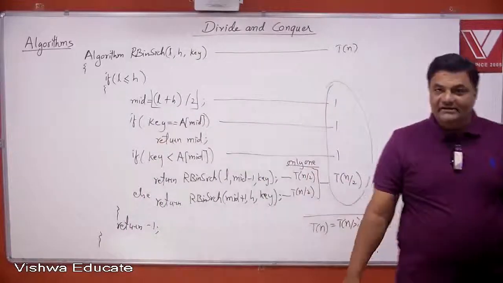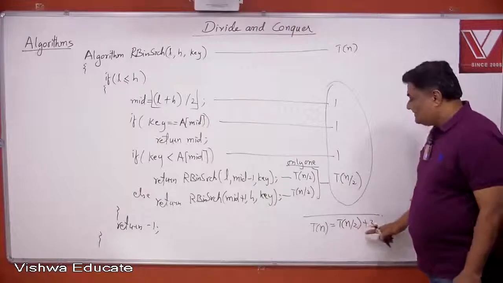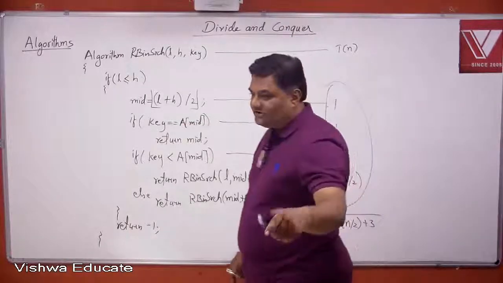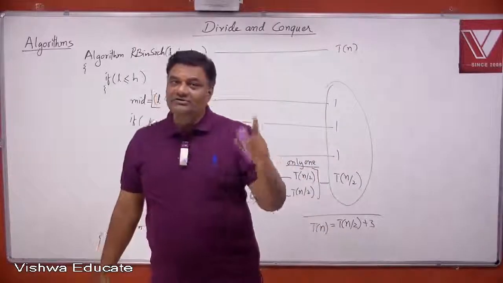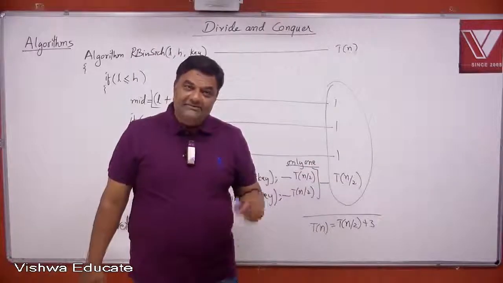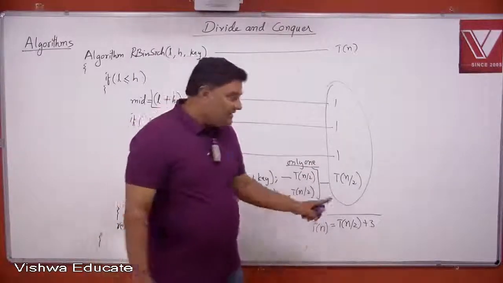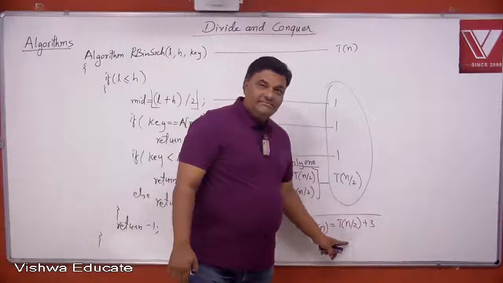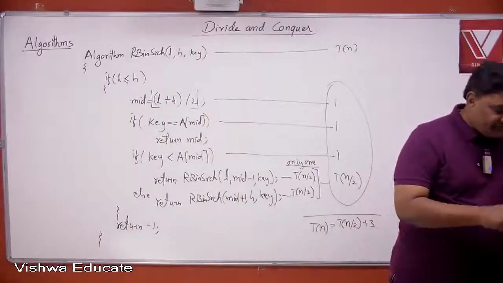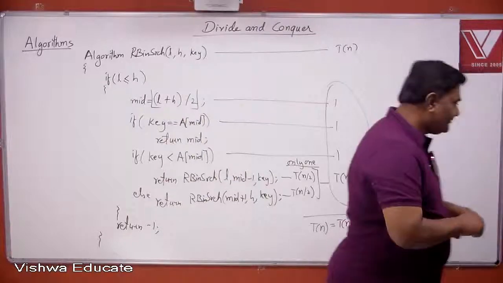This is the time complexity. See, we got the time. The time of a recursive function or algorithm is also a recursive function. T(n) is defined in terms of T(n/2). So the recursive algorithm's time is also recursive.